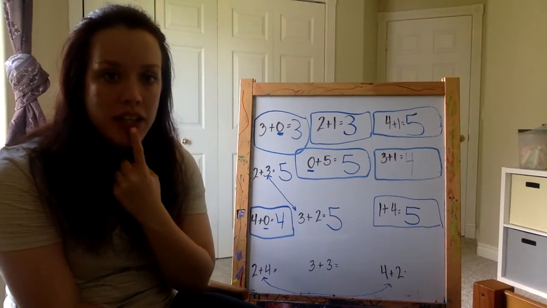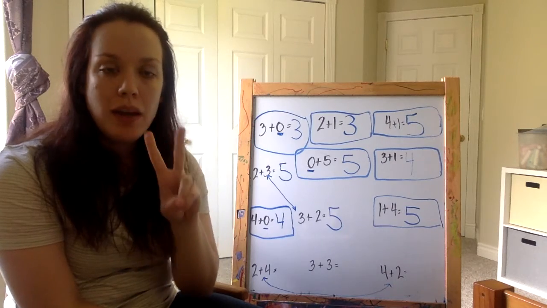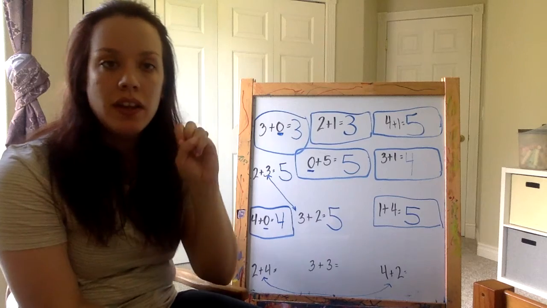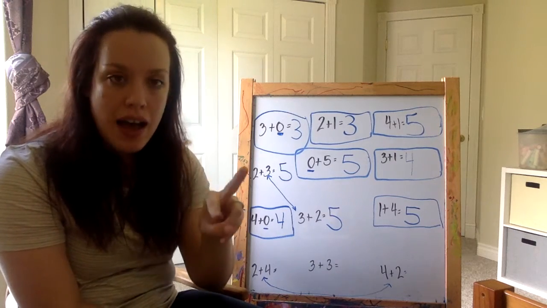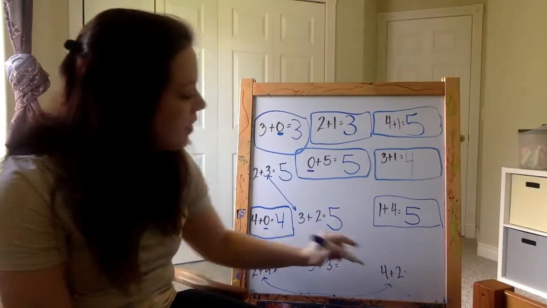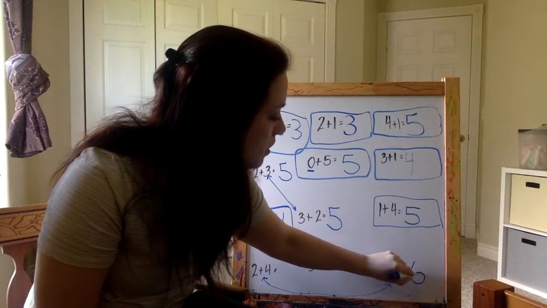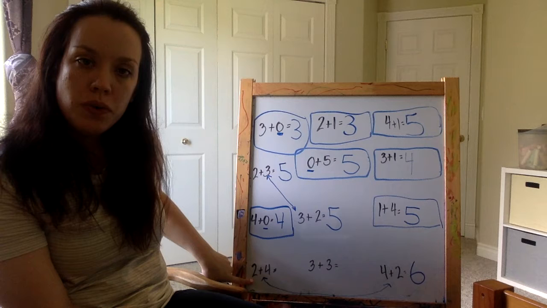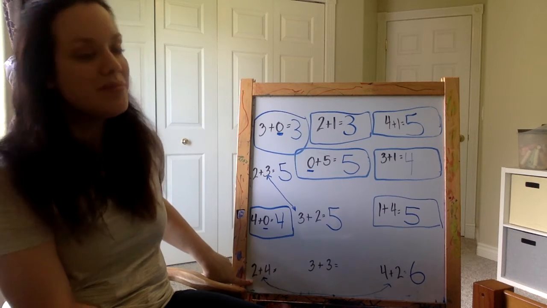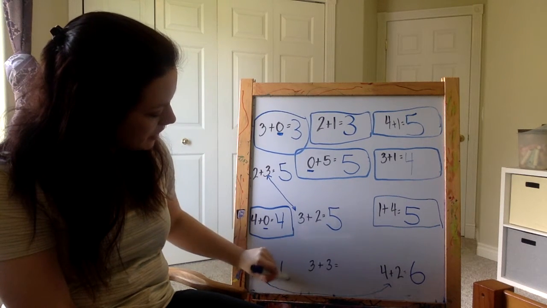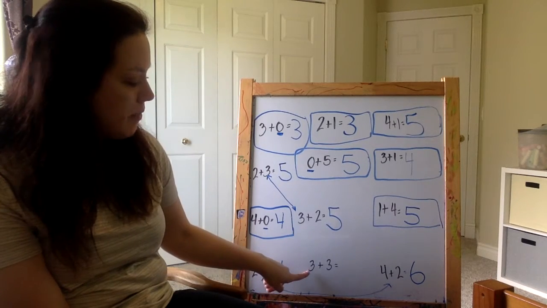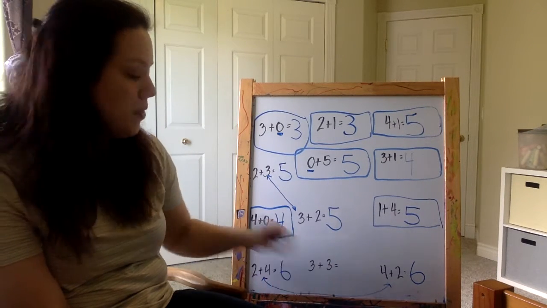So that time I just said the number 4 and I put up 2 fingers to remind me how many more I needed to go. 4, 5, 6. 4 and 2 make 6. So what does 2 and 4 make? If you said it makes 6 also, that was correct. That means we just have 1 more to go, 3 and 3.